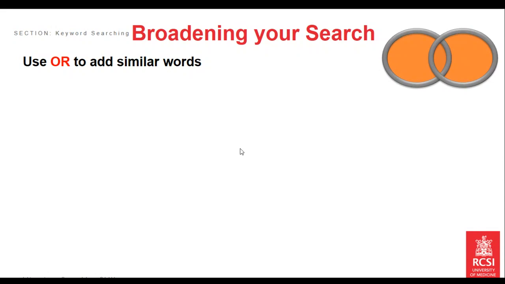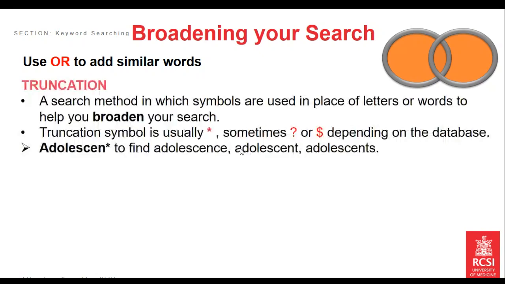So if there isn't enough information on the research topic you've been given, there are different ways to expand your search, to make it wider or bigger. You could put OR between different similar words, as we saw with backache and back pain, and if I put OR between all the words, that multiplies the number of results that are out there.